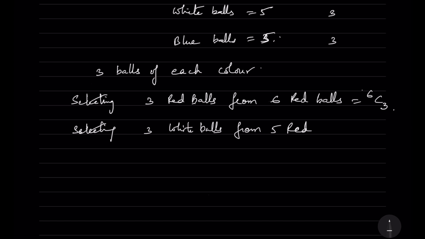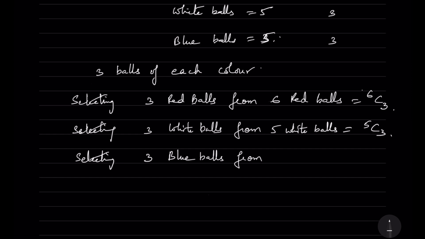From 5 white, it can be done in 5C3 ways. Next, selecting 3 blue color balls from the total number of blue color balls, how much? 5 blue balls, and this can be done in 5C3 ways.